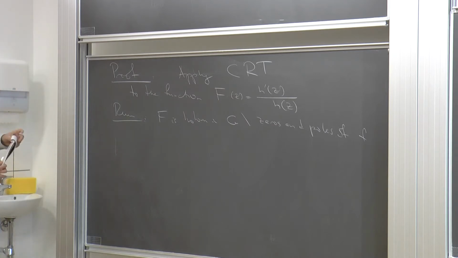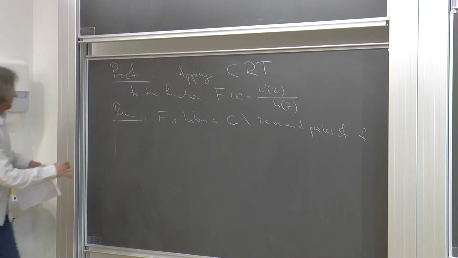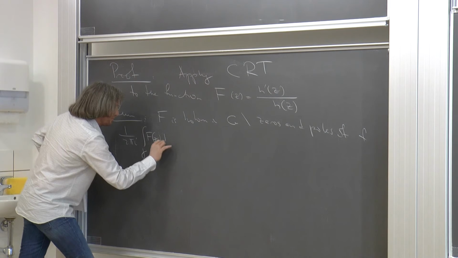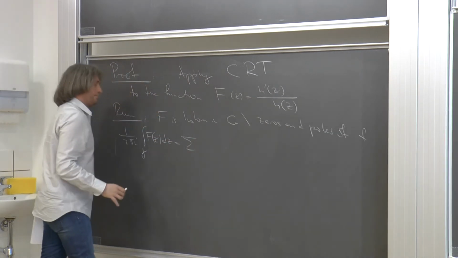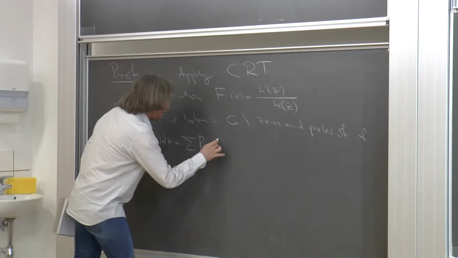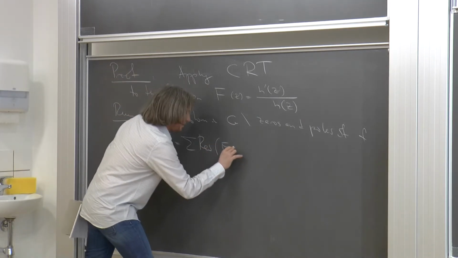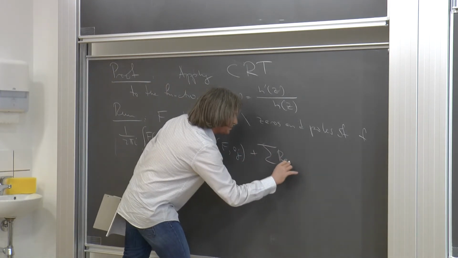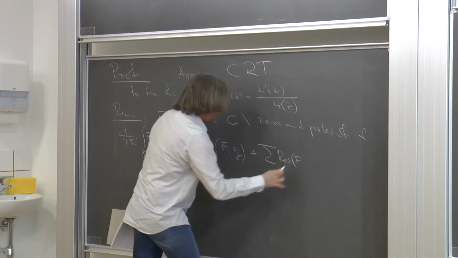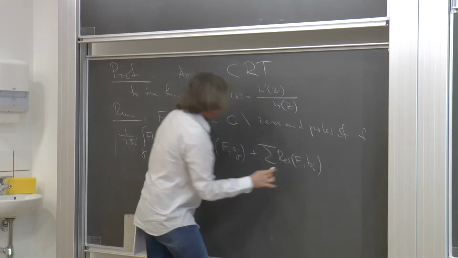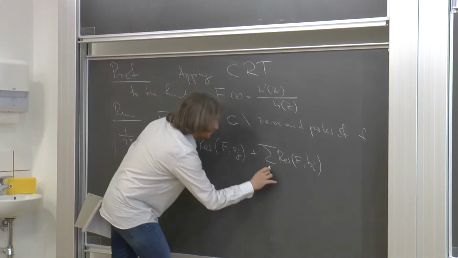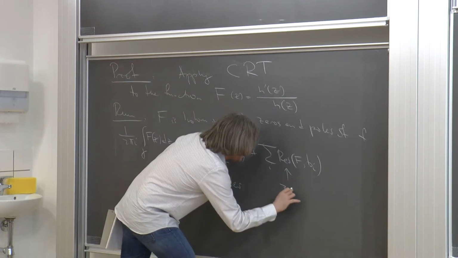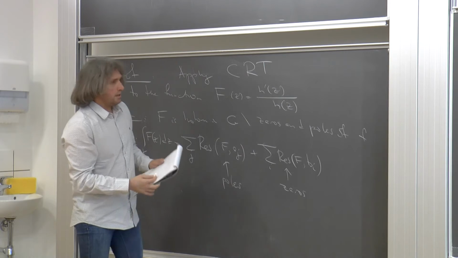So then the integral is the sum of residues of F at pole points plus the sum of residues of F at zero points. So we can study them one by one, and that's what I'll do now.